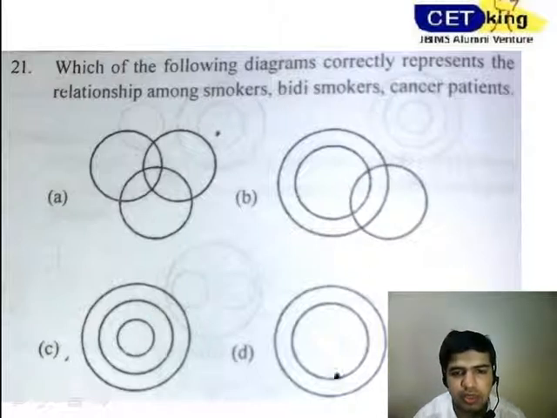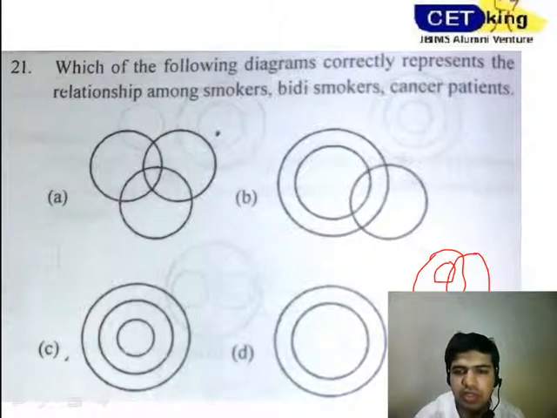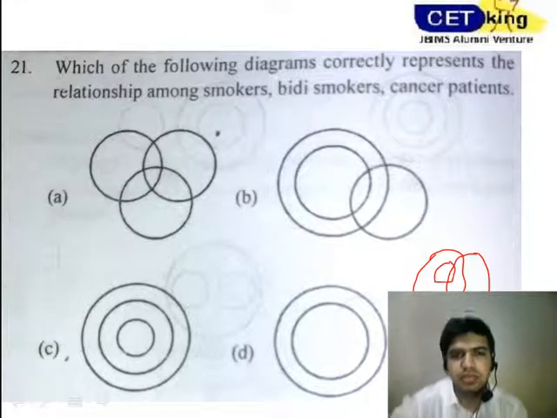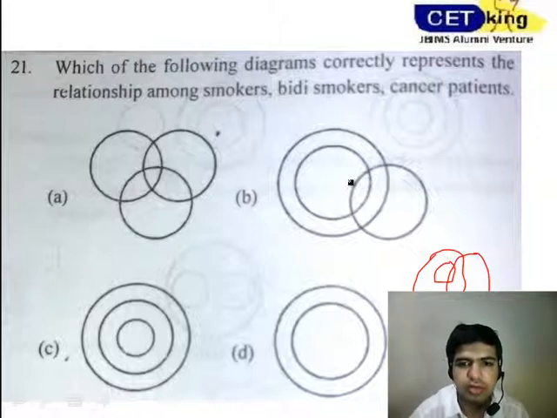And the next thing is cancer patients. Cancer patients can be smokers, and can also be BD smokers. Some BD smokers are also cancer patients, but not all. There are a lot of cancer patients who are neither BD smokers nor normal smokers, maybe cigar or anything like that. So option B is how my answer will appear.